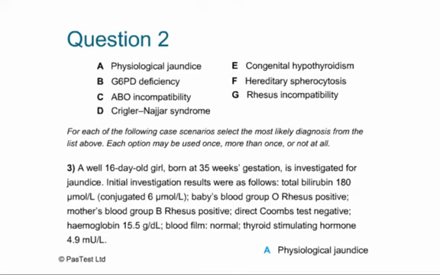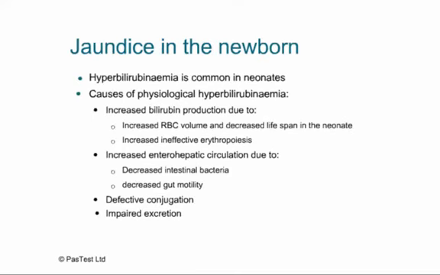Let's spend a few minutes talking about jaundice in the newborn. As I mentioned earlier, most newborns have a certain degree of hyperbilirubinemia, though not all of them need treatment for it. There are a number of reasons why bilirubin levels are high in newborns compared to older infants or children.